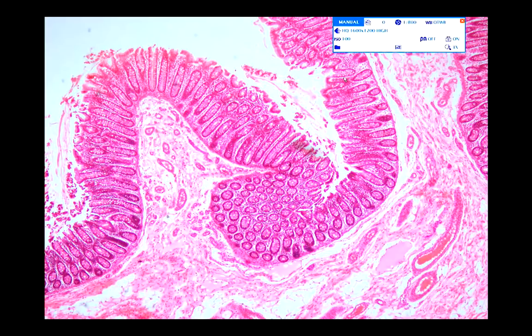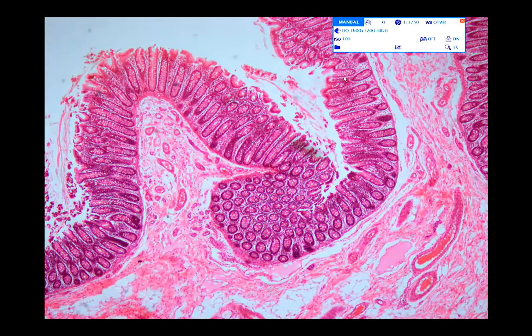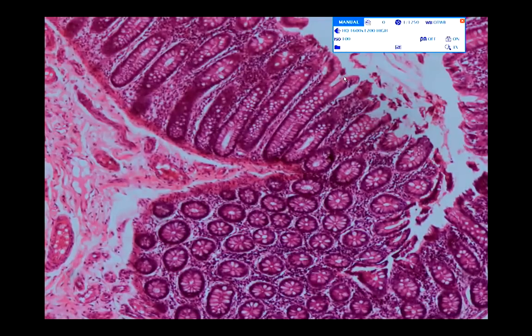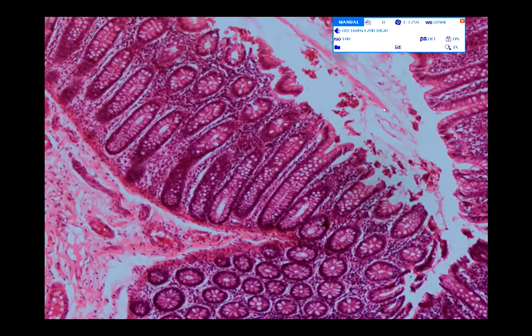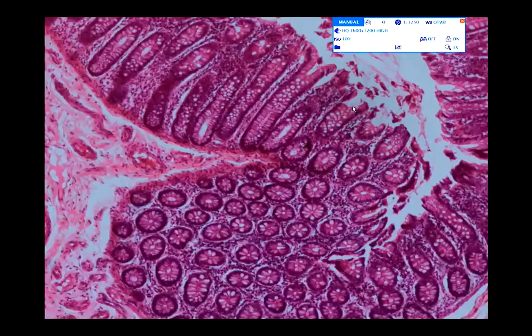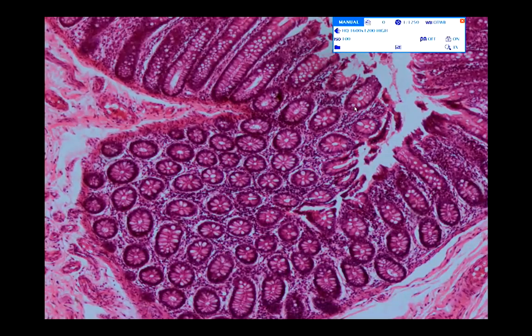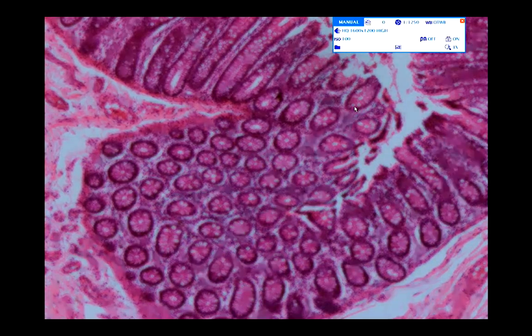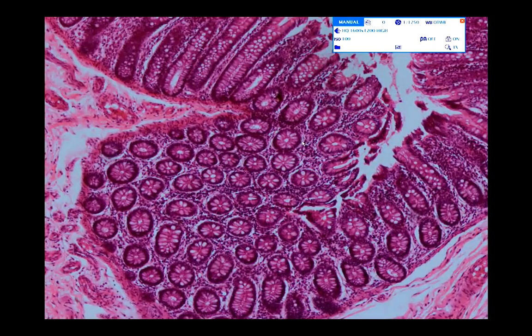This would be the simple columnar lining epithelium there. What would be important for us would be this area.